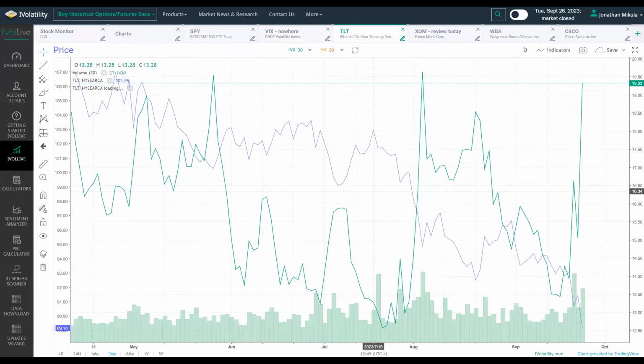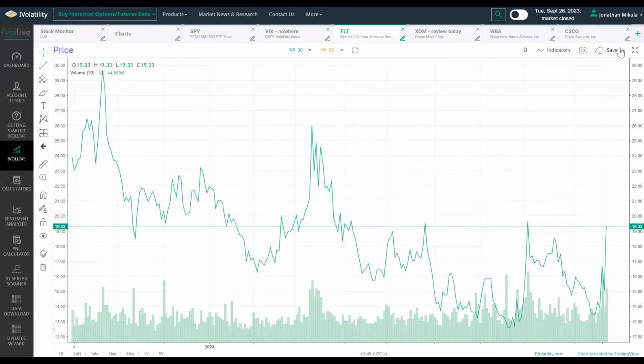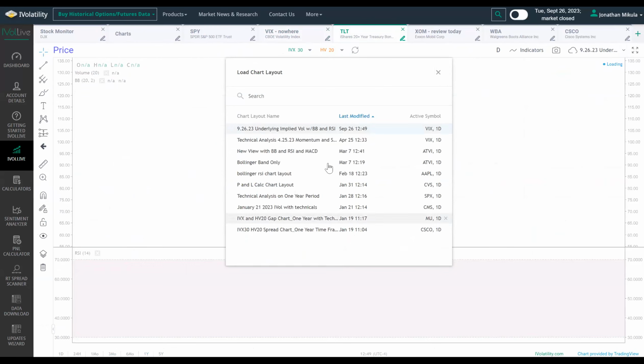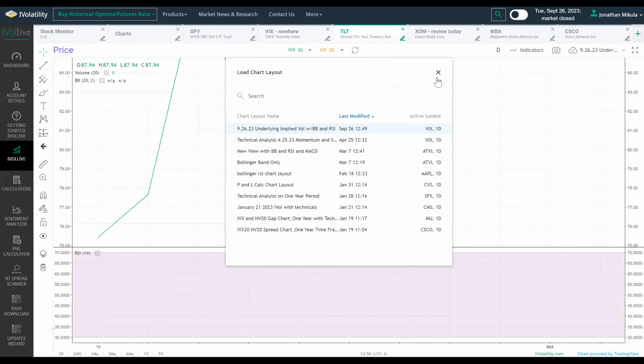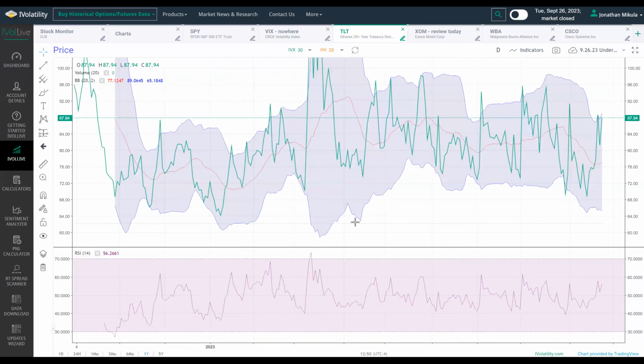So I could come here and say, let's load chart layout, and we are interested in this chart layout. And then I could come here to our 1 year chart, and there we go. Those technical indicators that I like are instantly applied in the same way that they were applied on the VIX. And so I could see TLT's implied volatility is approaching its upper Bollinger Band.